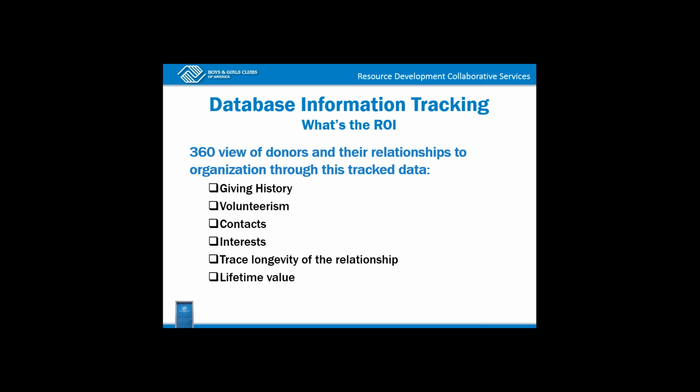If you're tracking gift history and they've given 50 gifts over the last 10 years, and they've volunteered on the event committee, and they have an interest in golf and STEM and so on, that tells you a lot about them and how long they've been in your file and what their lifetime value is. You can really see that. If you're tracking this level of information, then you can see the lifetime value of your donor.